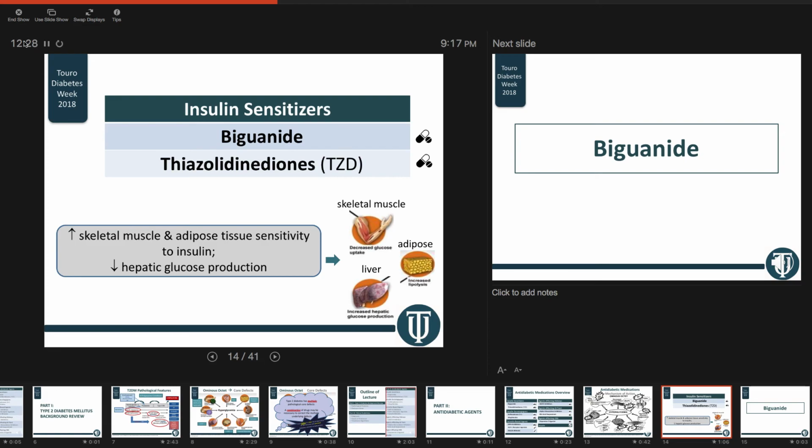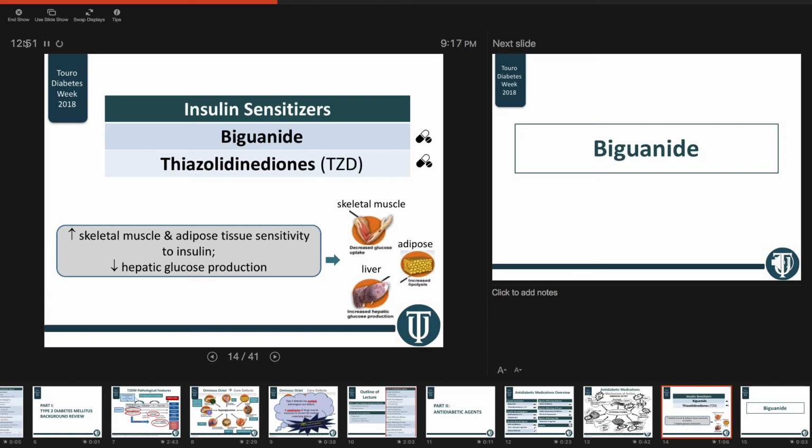They are biguanides and thiazolidinediones, or TZDs. Collectively, what they do to lower glucose is, first, to increase the skeletal muscle and the adipose tissue sensitivity to insulin. Sensitizer, right?